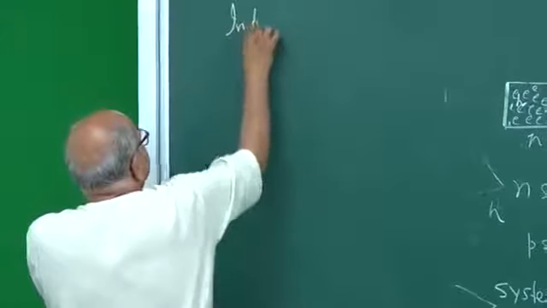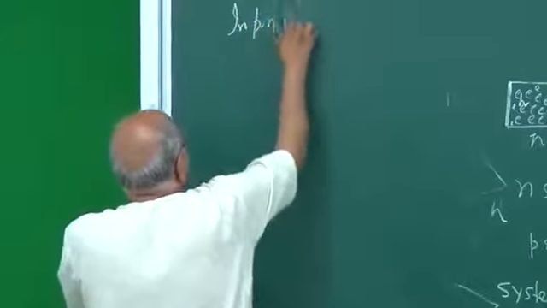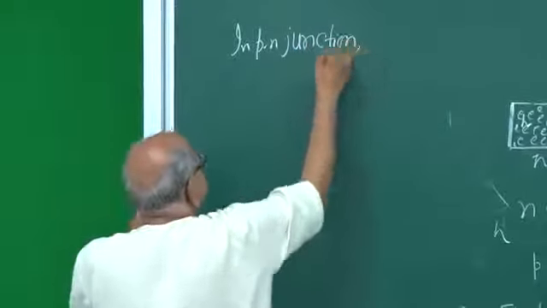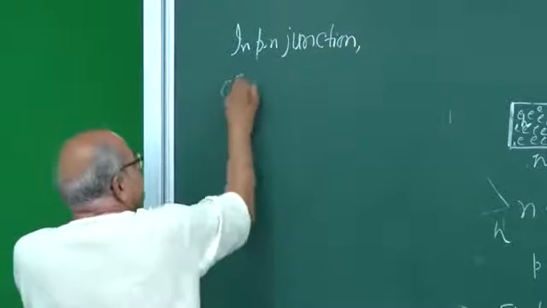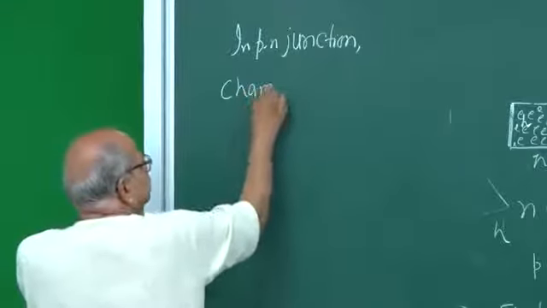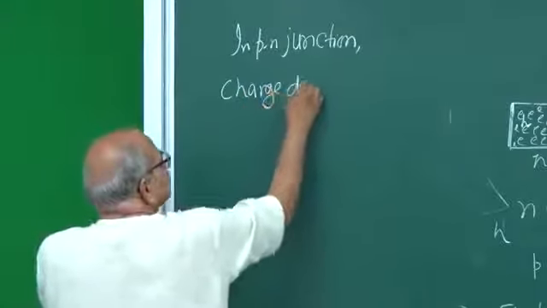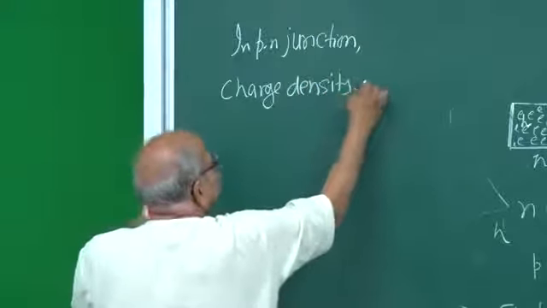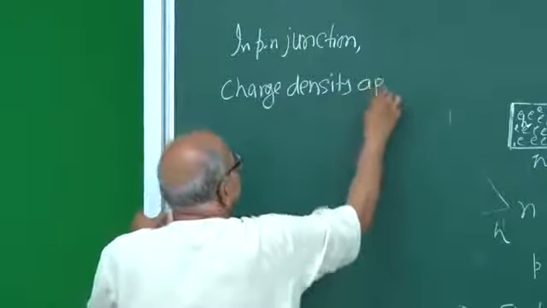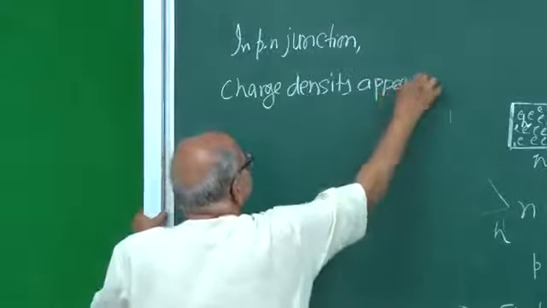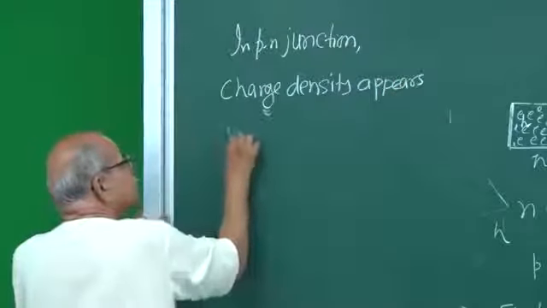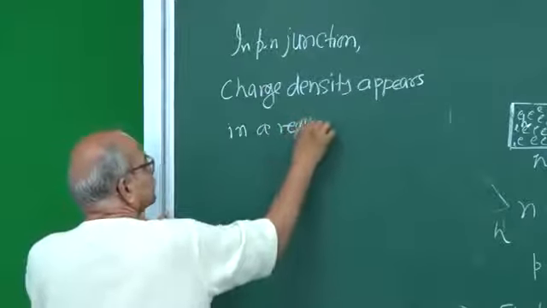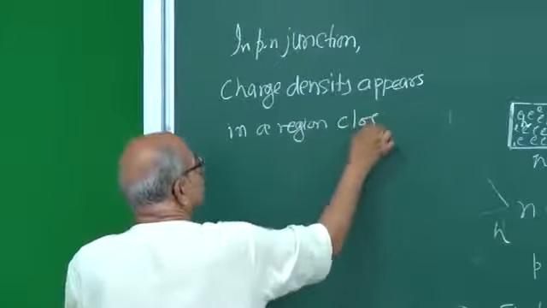So in a p-n junction, charge density appears in a region close to the junction.